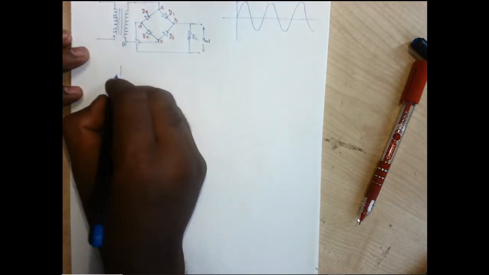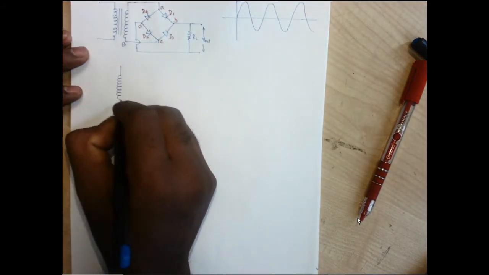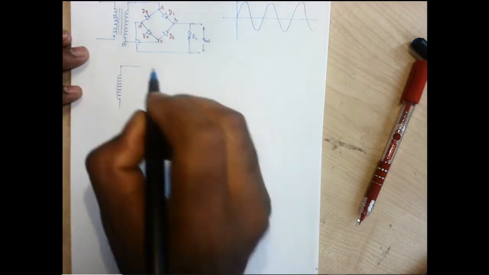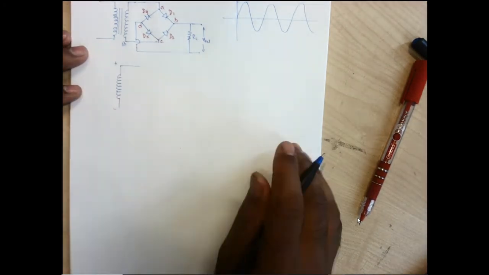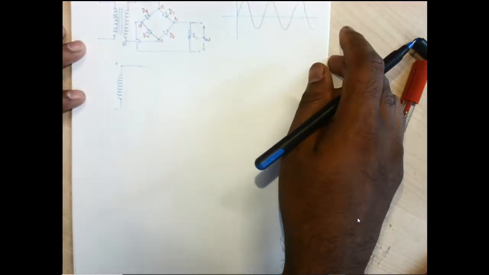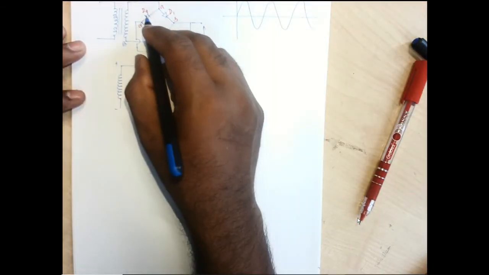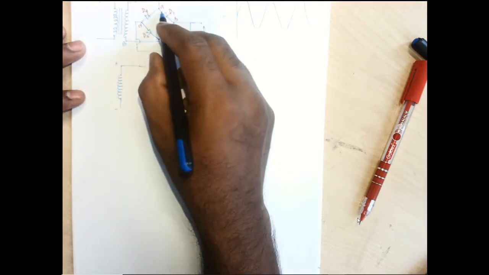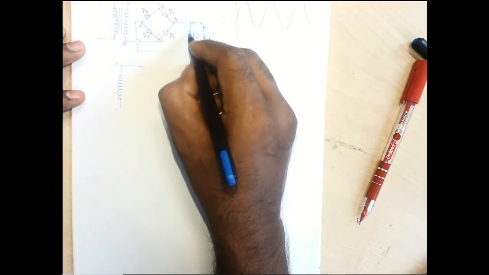So first of all, this is the secondary winding we have. This point is positive, this one is negative. If this one is positive, our D1 will be forward biased and D4 is reverse biased. So D1 will conduct and the current will flow in this RL.